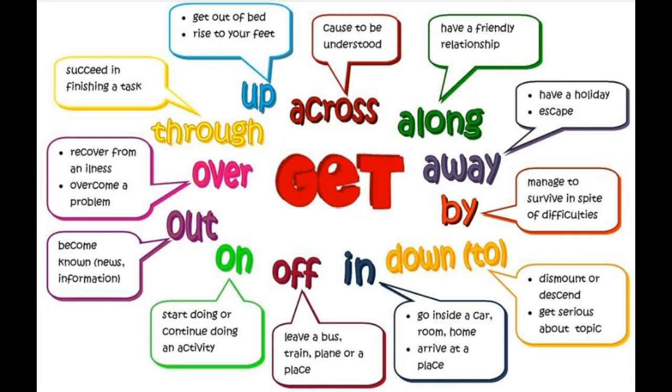When you use it with a preposition, you get another meaning of the two words, and some of them are get along, have a friendly relationship with your brother, your sister, with a friend.